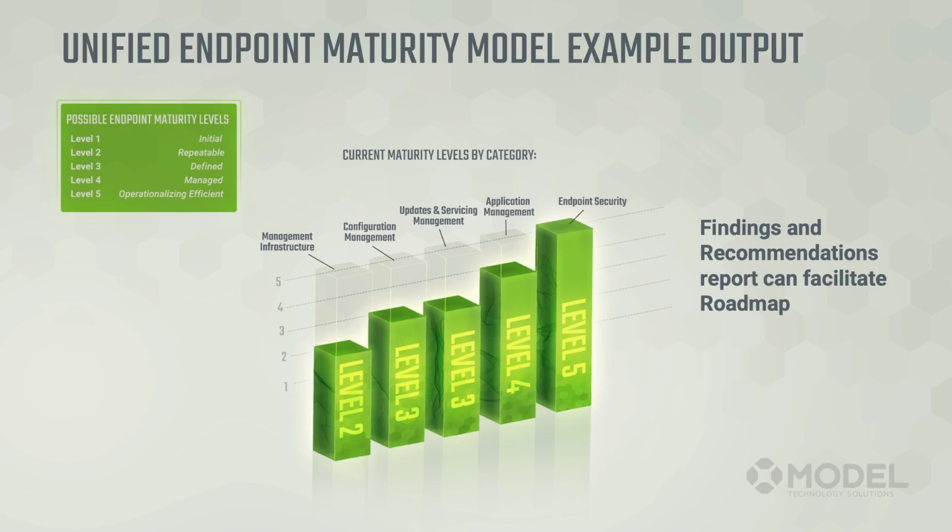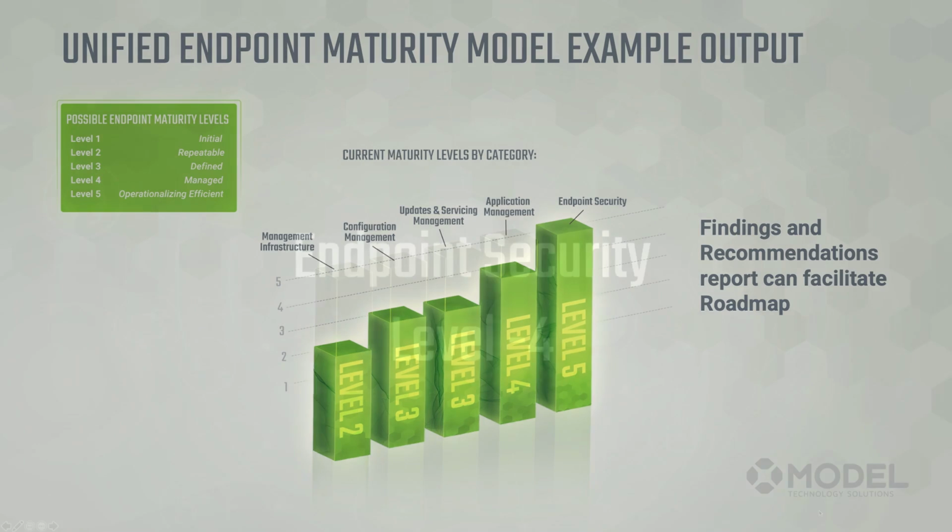And really, the goal of the maturity model is to assess where you are in each one of these 5 categories, configuration management, updates, etc., and apply to them the phase or the maturity that you're in there. The outcome is a findings and recommendations report that will really give you what the next step in each one of these categories would be for your organization as it pertains to unified endpoint management.